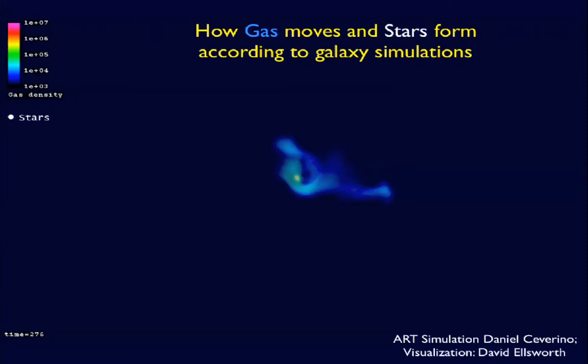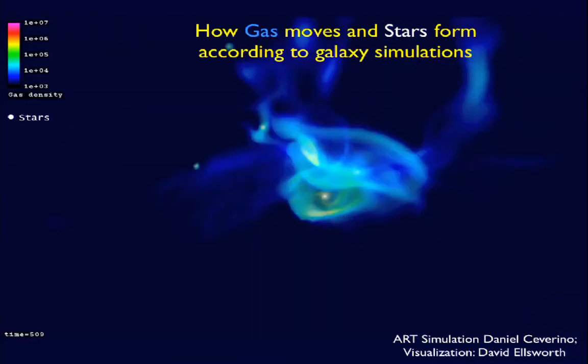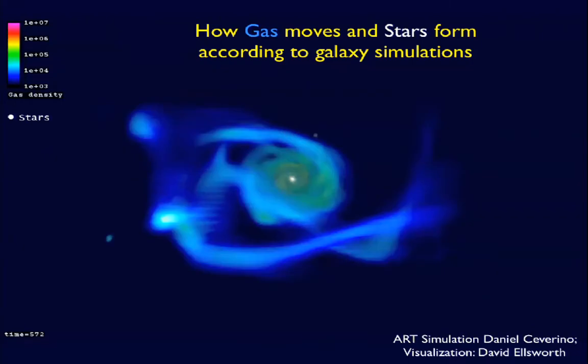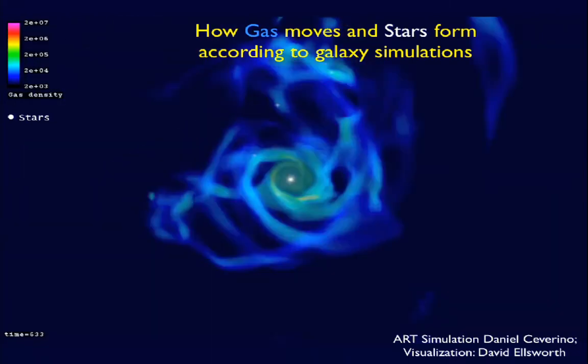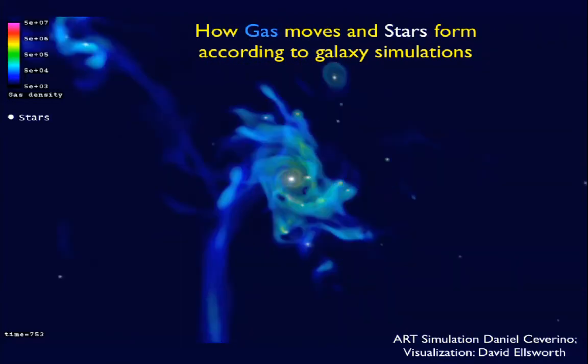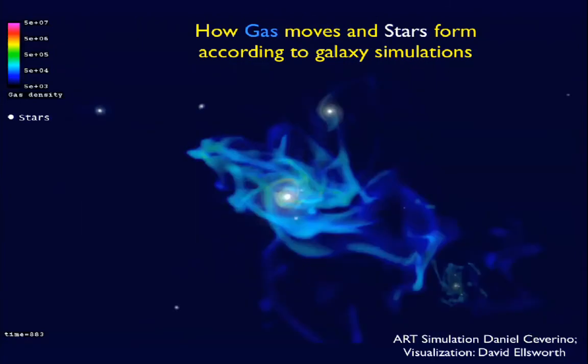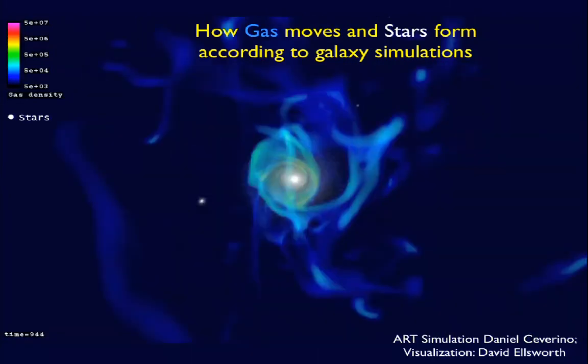This is an example of one of these simulations where we follow the gas and we store a couple thousand time steps of a forming galaxy. This particular one was run with 30 parsec resolution. Of course, you can't run those to low redshift without huge computer costs. So we usually stop at redshift 1.5 or so.